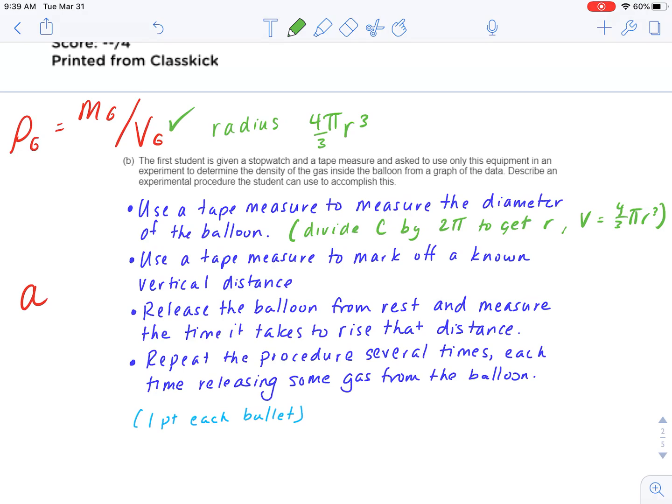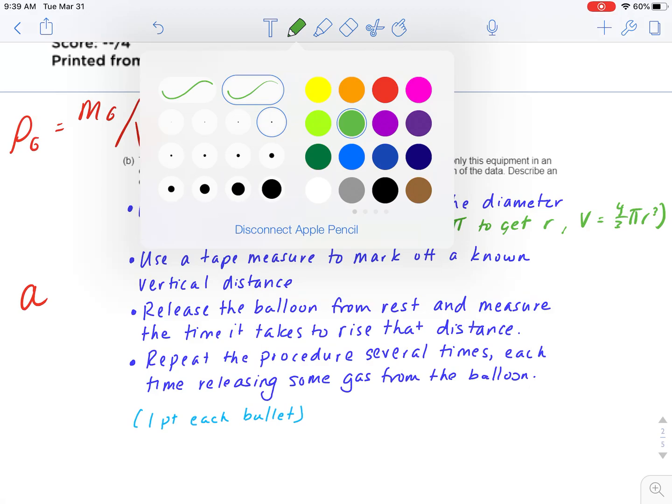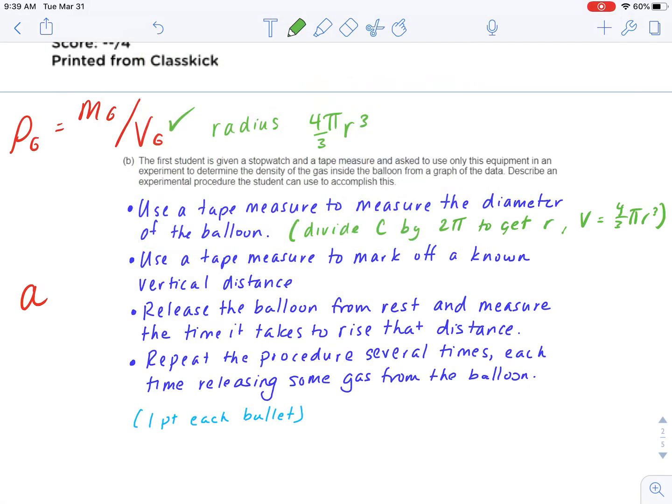So now I want to think about how would I get the acceleration. So to get the acceleration, I could use delta x equals 1/2 a delta t squared. So I would need a distance, that would be my delta x, and I would need time. And that would give me acceleration.